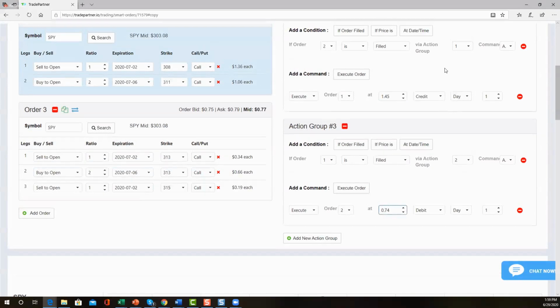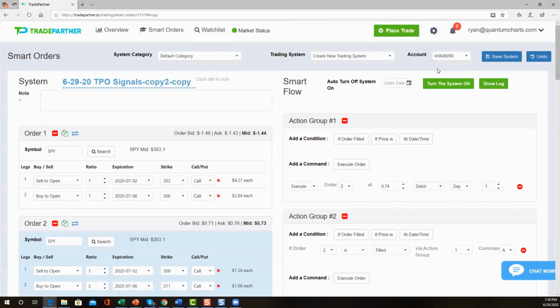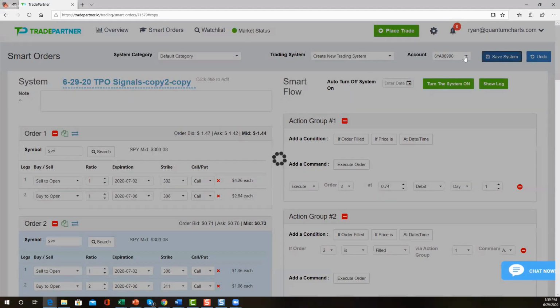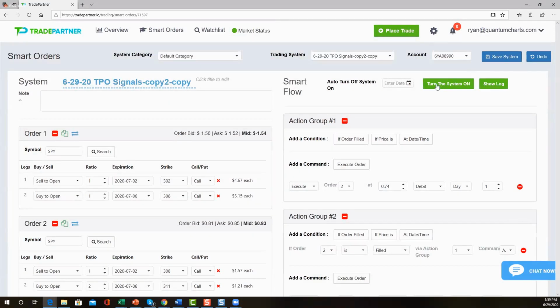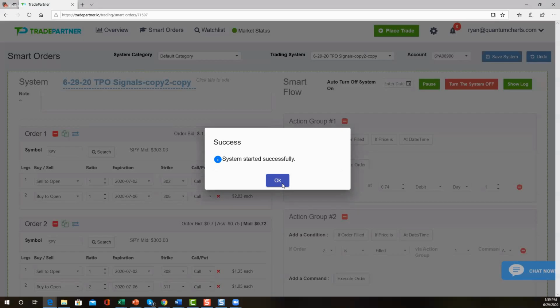Okay, so 111, I'm just legging into each one in order to help improve my odds of not taking on a bigger risk while I'm waiting for all of the trades to get filled. Okay, so I'll save that one, and then I'll go ahead and put it in that one. There we go. All right, so we'll see.